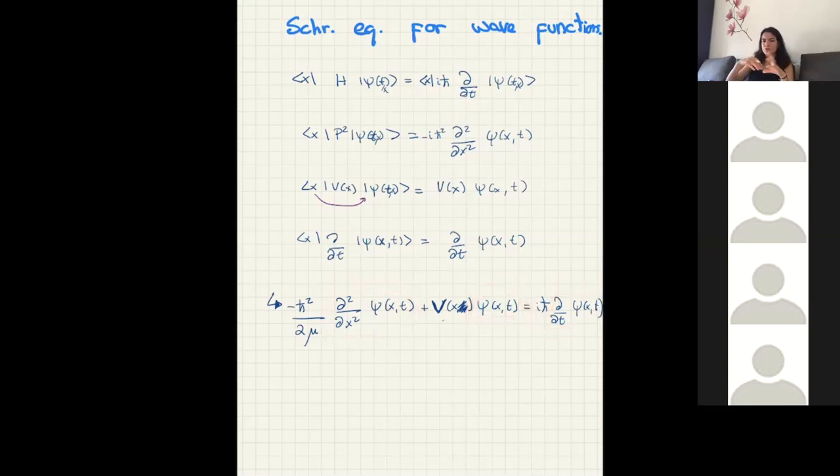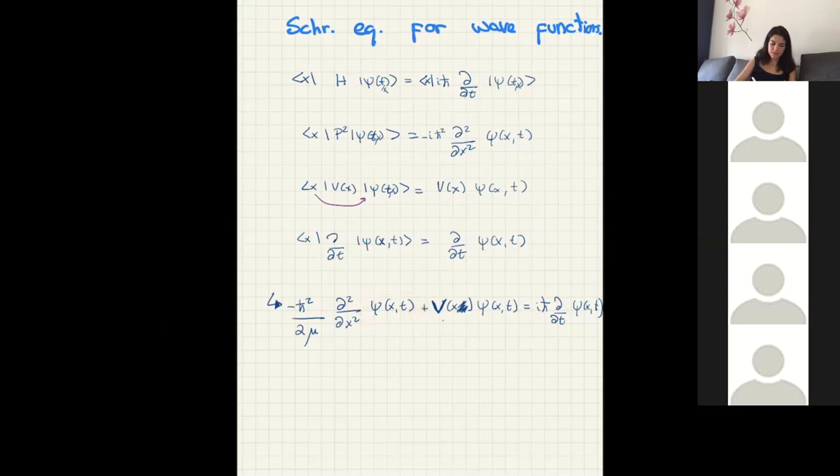And solutions for this will depend of course on the form of the potential, but they will generally be wave-like solutions, because it's the same kind of differential equation that we see for classical waves, for example. The difference here being that this thing can be a complex number.